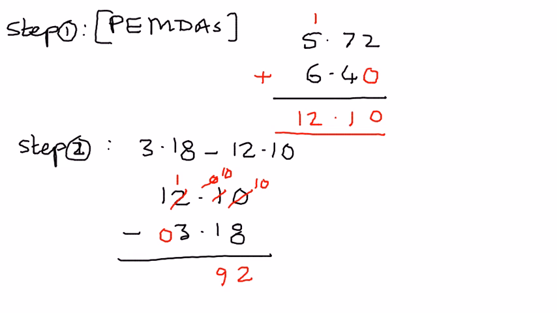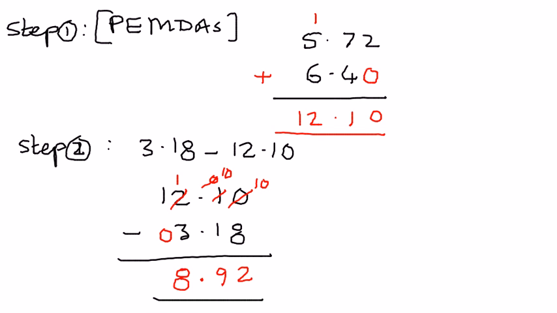Since 1 is less than 3 and there are no more numbers to borrow from, we're going to have this number as 11. 11 minus 3 is going to be equal to 8, and that is all we have. So therefore we can write this as 8.94.